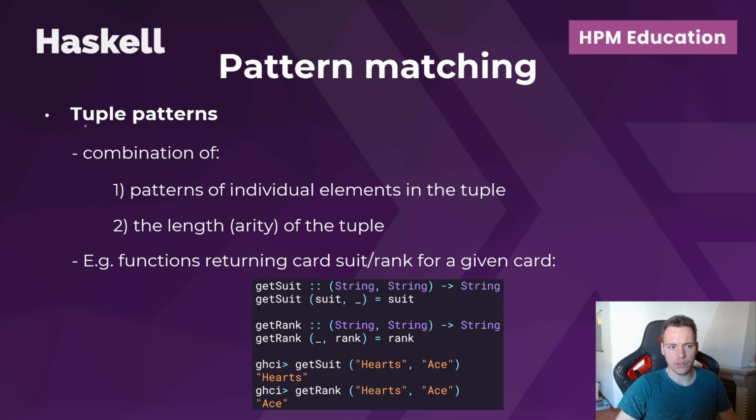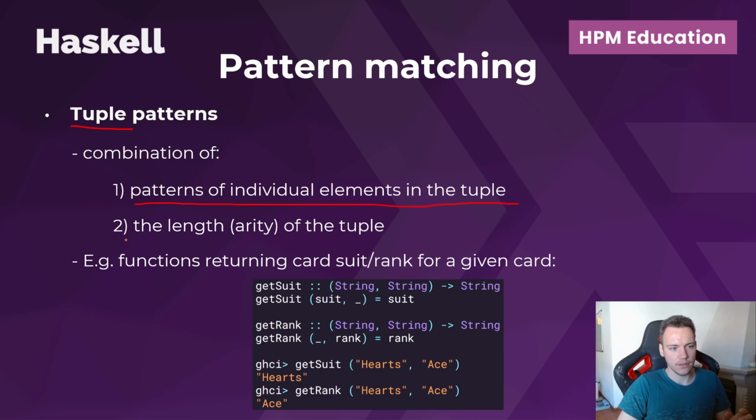First, the patterns of individual elements in the tuple. This could be direct values of each of the elements in the tuple that we use for the pattern, or just more general patterns for each of the elements.